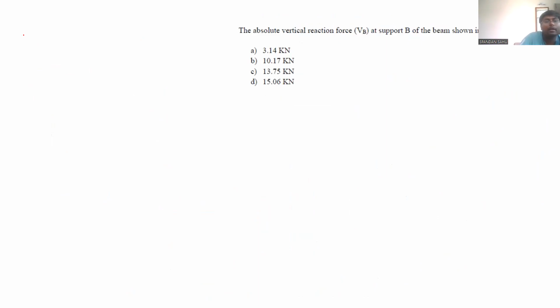Now I am writing: release 4 and apply unit rotation along 4. If you release 4 and apply unit rotation, it will be like this.